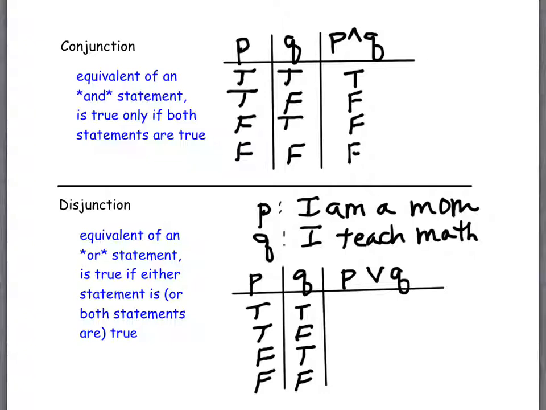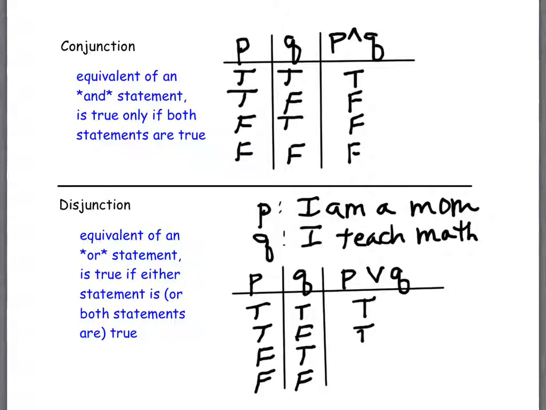If I come into class and I say, I'm a mom or I teach math, what would you say? Yeah, it's true. I am a mom and I teach math, so I certainly have an or statement that would be working. All right. Who did we say? Dr. Crane, right? Dr. Crane walks in and she says, I am a mom or I teach math. And you would say, that's true. One of those statements is true, so I can put the or between them.